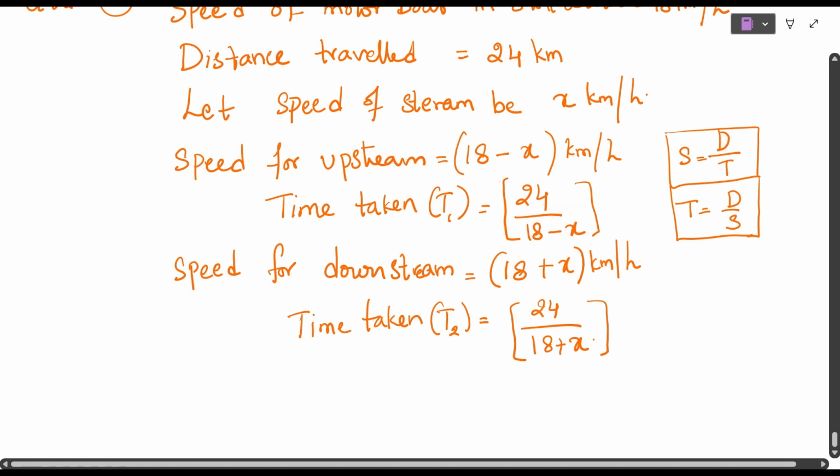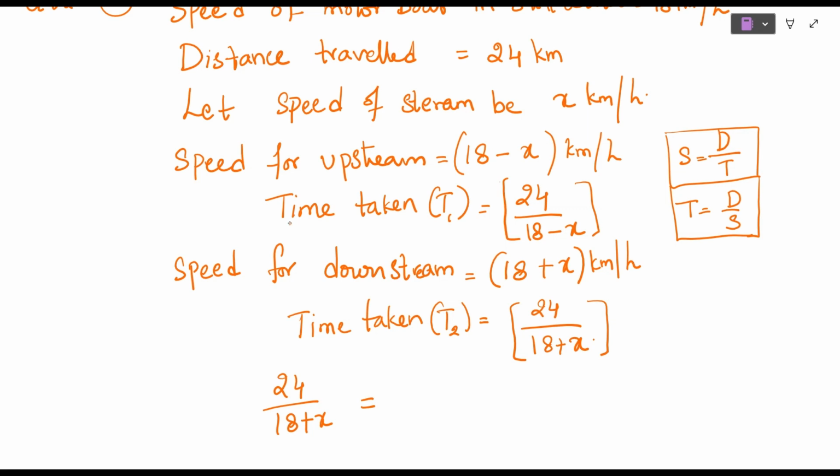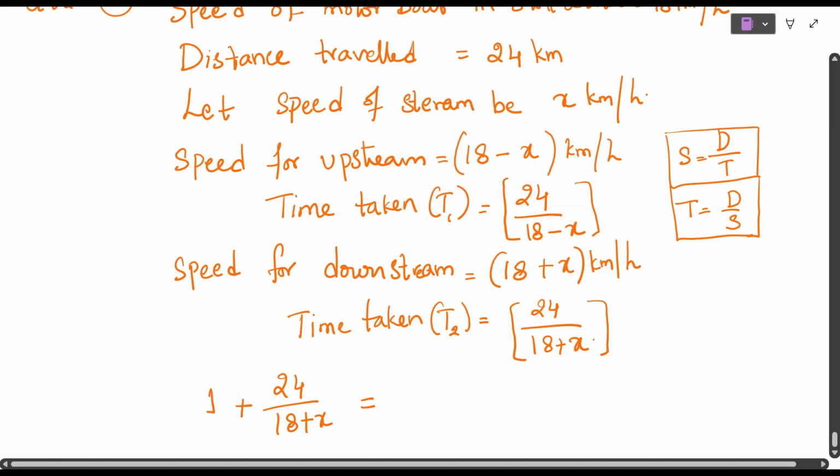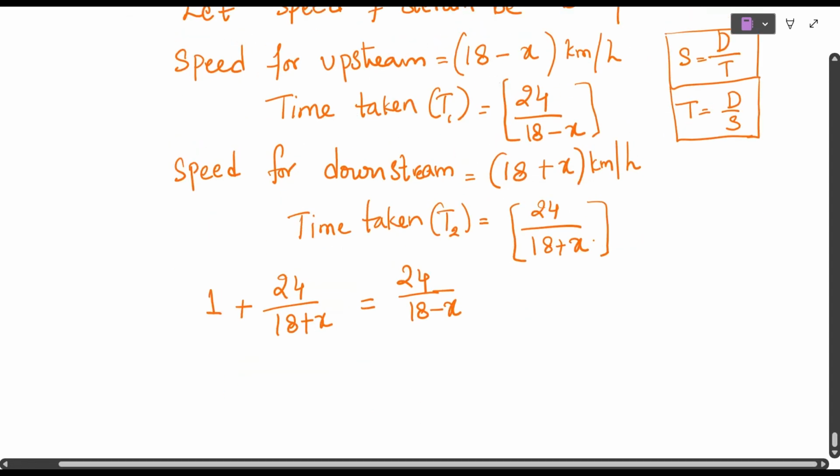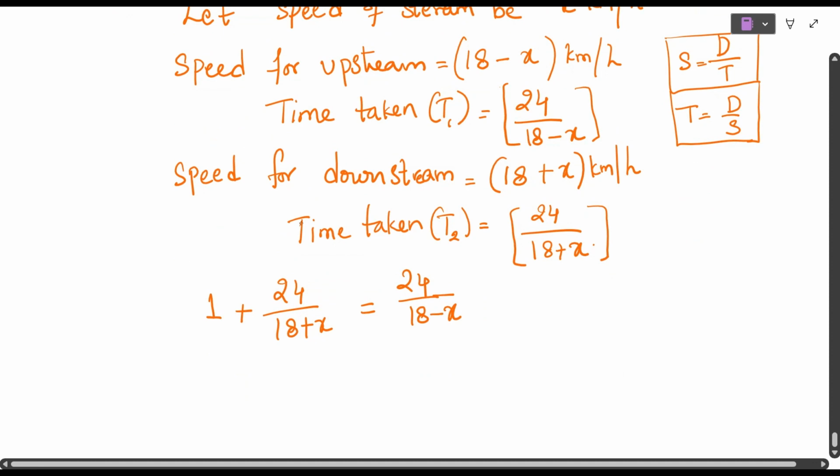Whatever time is taken for downstream, that is 24 by 18 plus x, plus 1 gives the time taken by upstream.